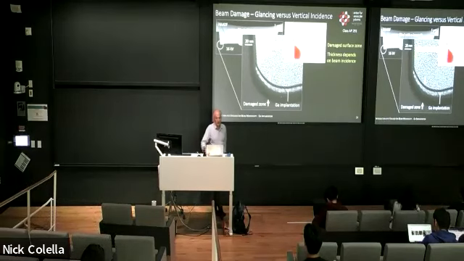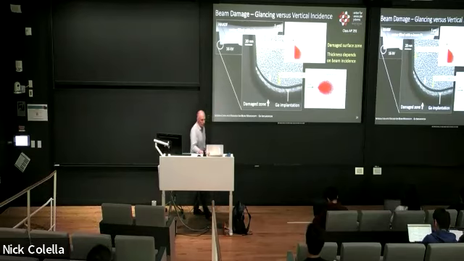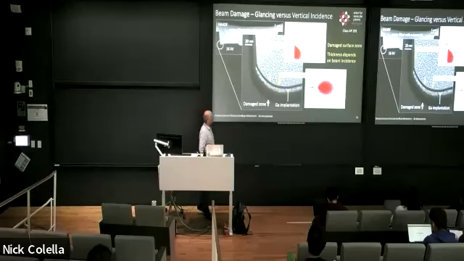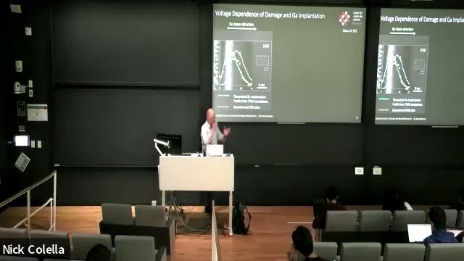And there are some geometric differences between glancing incidence and vertical incidence. Under glancing incidence, the effect is a little less strong. So we can roughly divide the defect zone by a factor of 2 when we're thinking about TEM sample preparation.